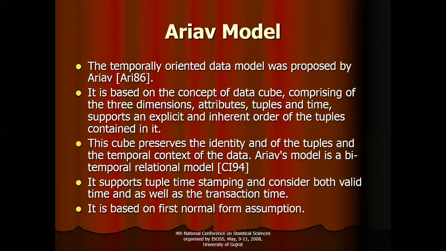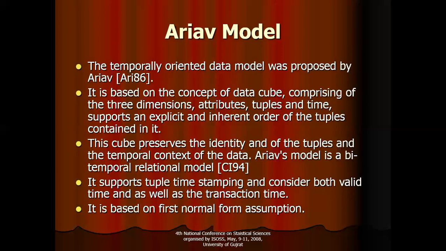And according to him, the things which are part of this data cube are attributes, the tuples, and the time. Of course, the attributes are relevant, and the combination of the attributes forms the tuples, which are your records, your facts, and the facts normally change. And the third important thing is the concept of time related to those tuples.